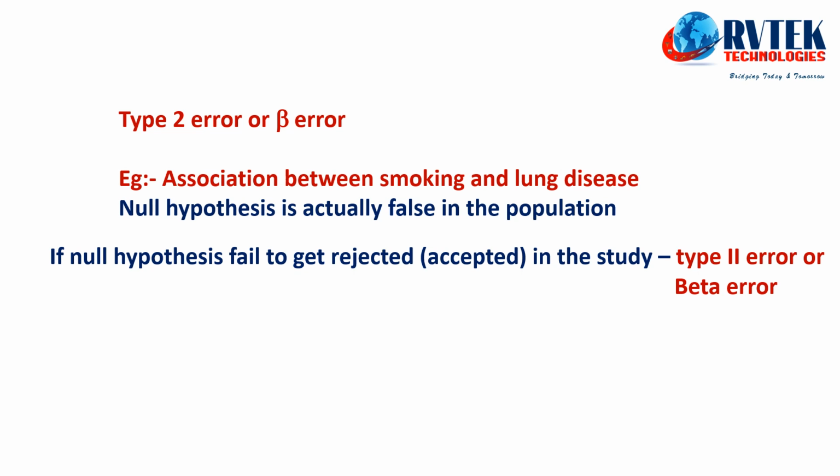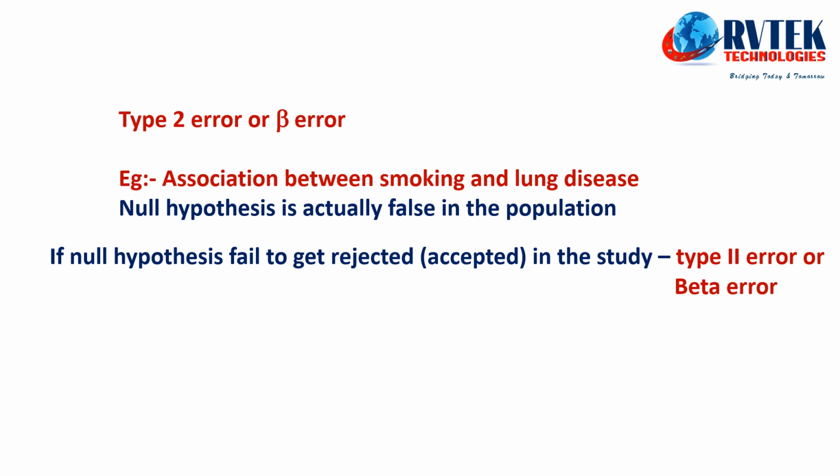If null hypothesis failed to get rejected or accepted in this study, so in this study you are telling that null hypothesis is accepted and telling that smoking does not cause lung disease. Actually, smoking causes lung disease. So null hypothesis is actually false in the population, but in your study you are telling that null hypothesis is accepted.